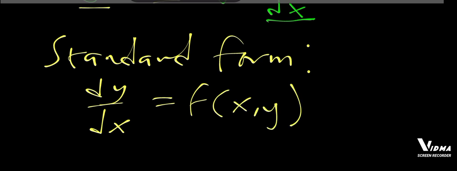So in the standard form, we have dy dx. Remember, we are talking about the forms of our first order, so it will only contain dy dx. And the dy dx will be on one side of the equal to sign, and our variables or our function of the variables will be on another side of the equal to sign.